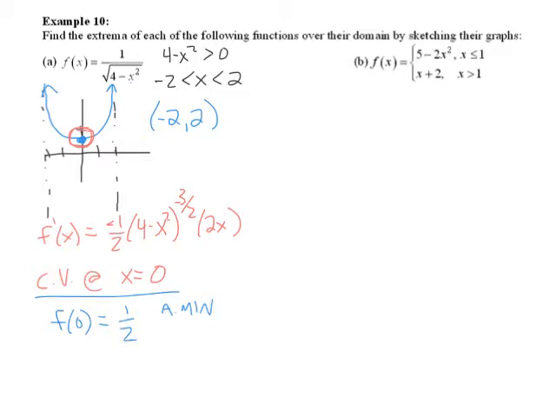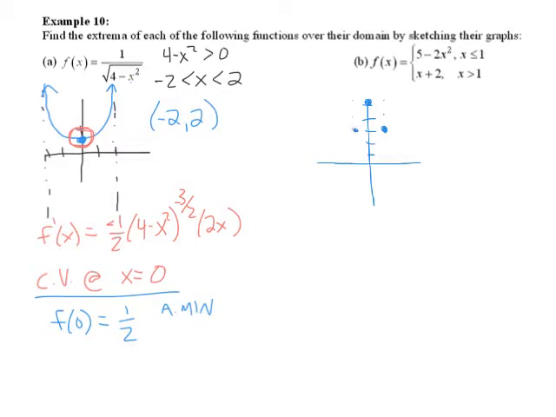So, taking a drawing approach on part B, we can sketch this piecewise function. 5 minus 2x squared is a parabola that is shifted up 5 units. 1, 2, 3, 4, 5. And it has a vertical stretch of 2 and a reflection.